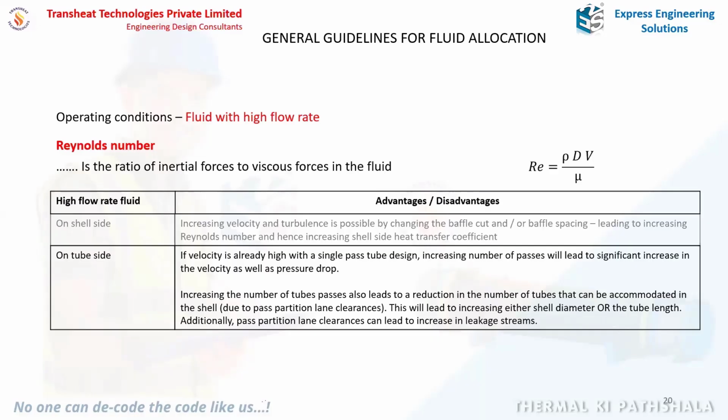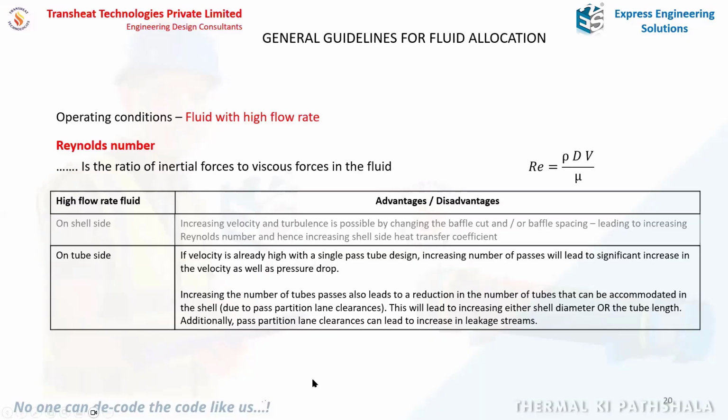So we should check whether that higher pressure drop is permitted for the client, because once they specify an allowable pressure drop to you, it's generally recommended that we stick to that pressure drop. We do not exceed it, because finally the client has done some pump head calculations based on some allowances for pressure drop and line losses which they have considered.